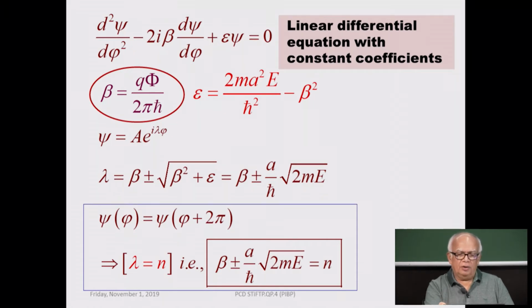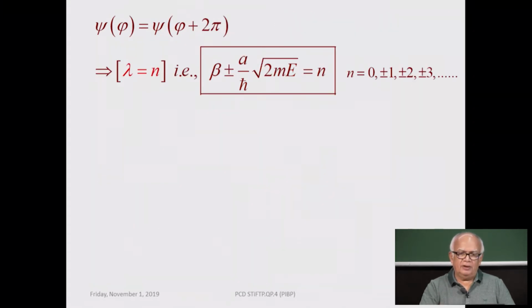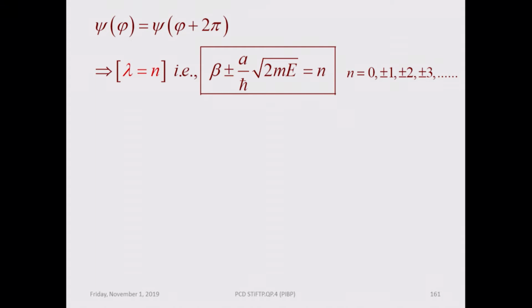So, the term in the box involves the energy, but the energy can only be such that this equation is satisfied, in which n must be a positive or negative integer. So, n can be either a positive or negative integer. It can of course be 0, which is both a positive integer and a negative integer, right.